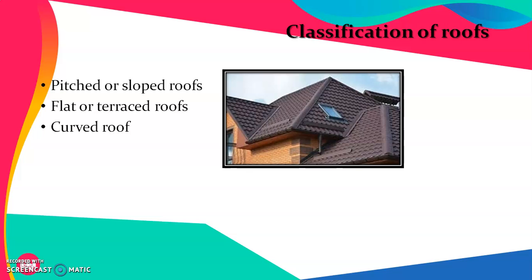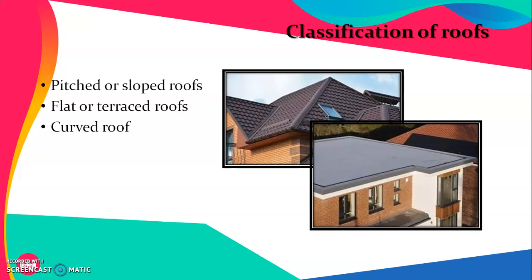These are the roofs with certain inclination with horizontal direction. They generally provide a very good aesthetic look to the building. They are more desirable particularly where the rainfall is high and the expectation from the roof is to drain out the rainwater to which it has been exposed.